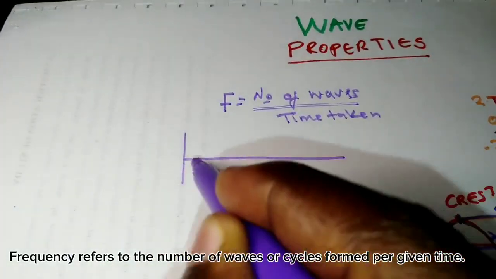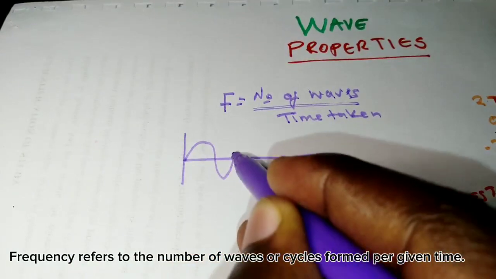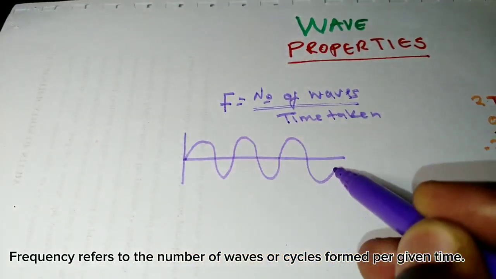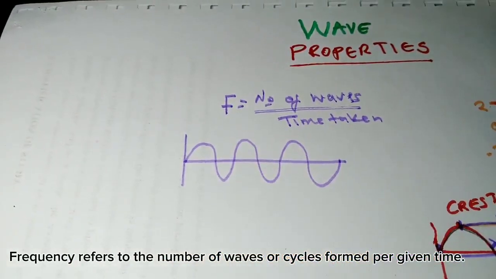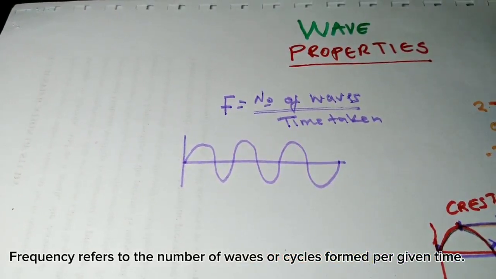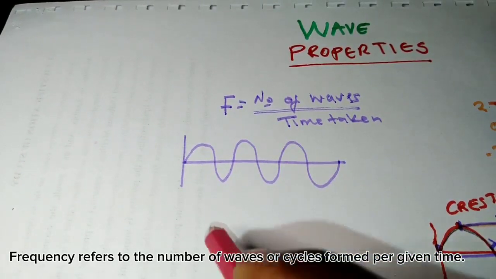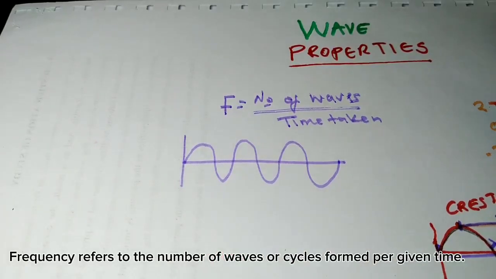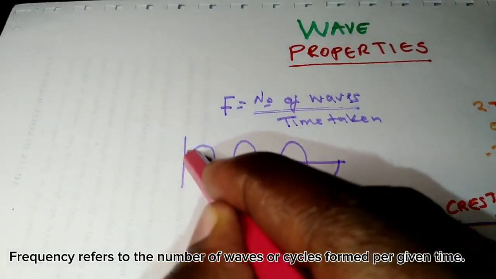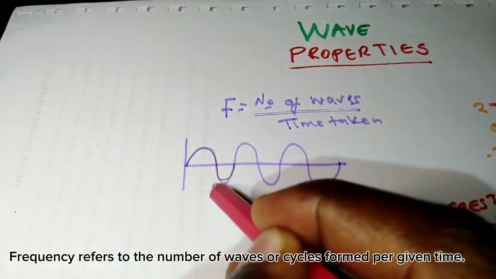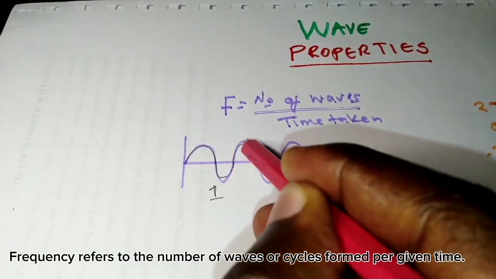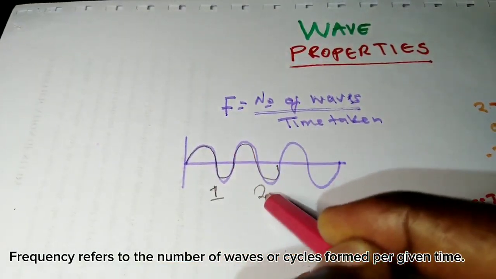Say you have a wave shown like that. For us to count the number of waves, we've learned so far that one wave is made up of a crest and a trough. So one crest, one trough, one wave. One crest, one trough, wave number 2.